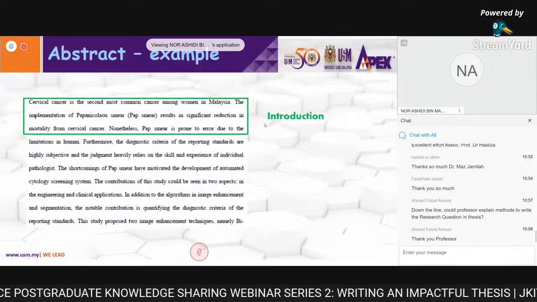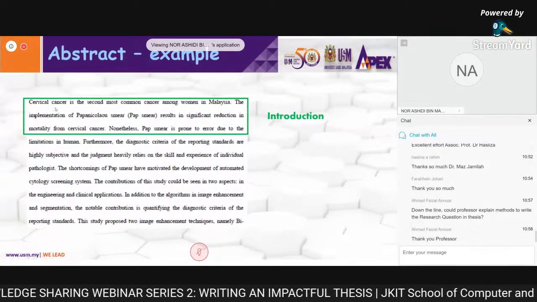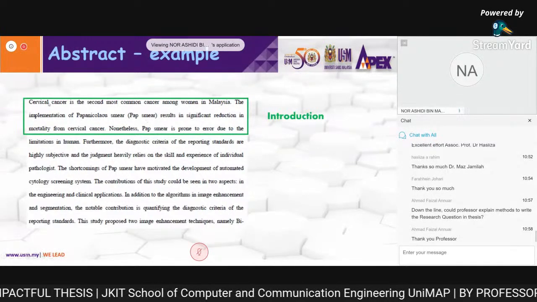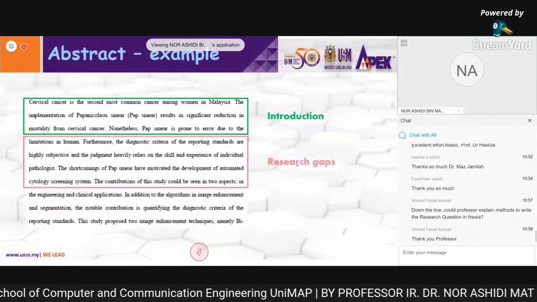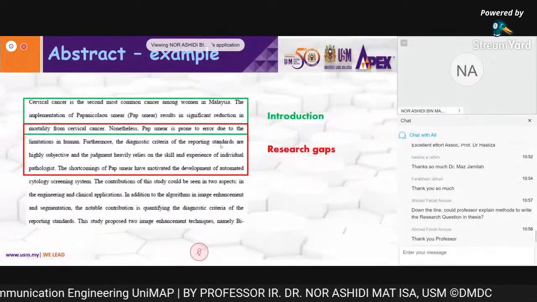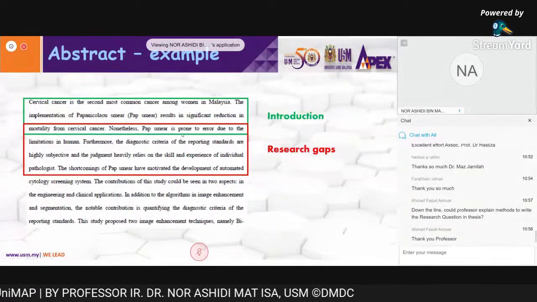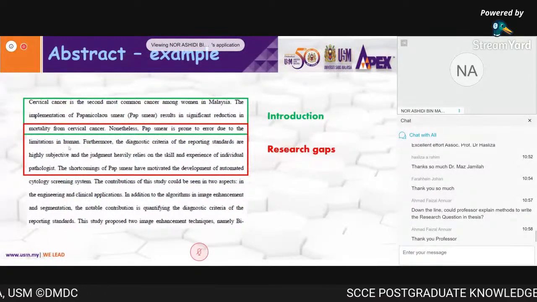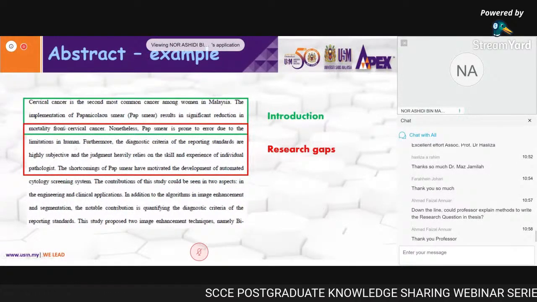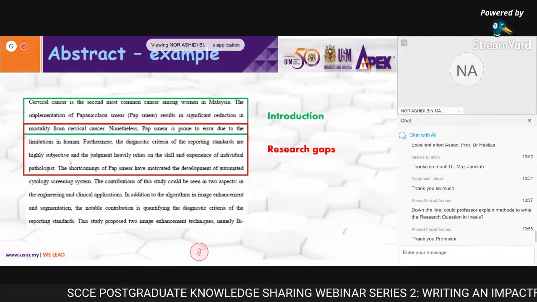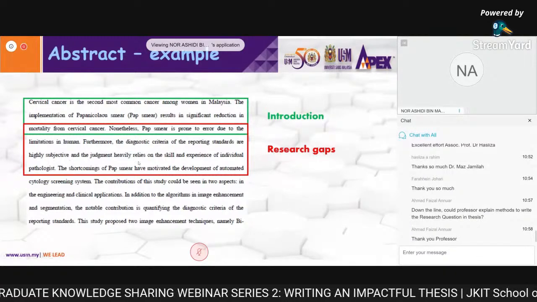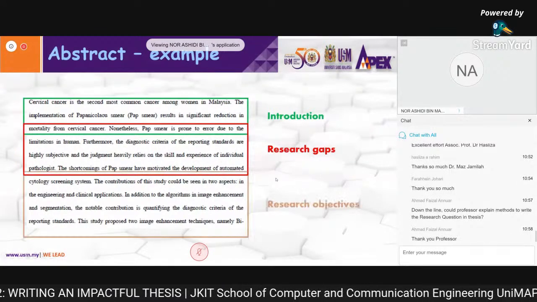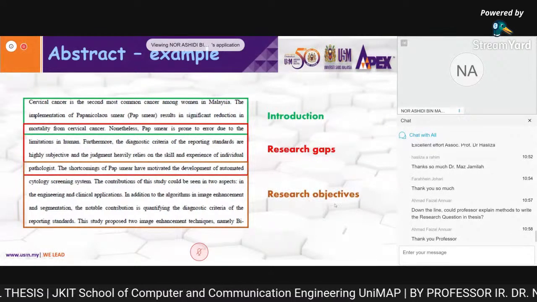So people will know she wants to focus on the Pap smear for cervical cancer. Now, this is the research gap. The first research gap is that Pap smear is prone to error due to the limitation of humans. Because it's highly subjective, and relies on skill and experience. The second one, then what is your objective?